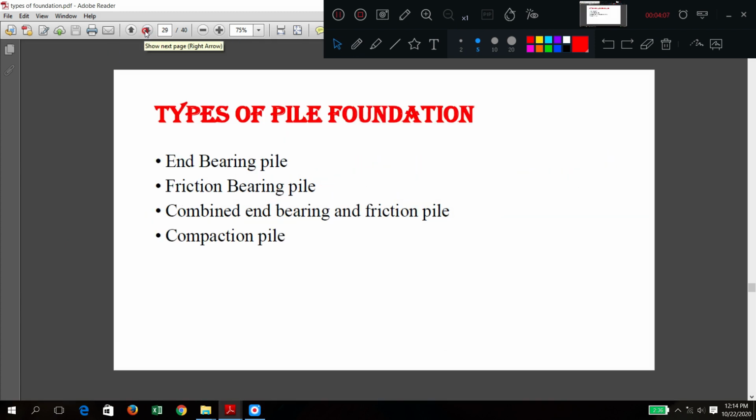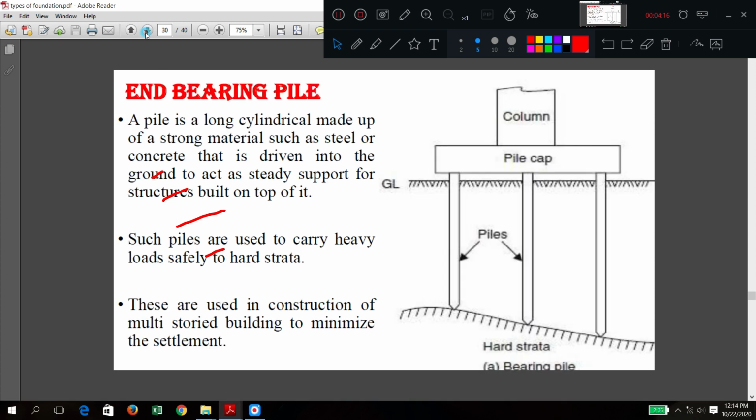Now in pile foundation also we have end bearing, friction bearing, combined. So like this there are multiple bearing types. End bearing I can explain in one word. Whatever load is coming is transferred first to the pile cap. From the pile cap, to individual piles, and the only load transfer between this structure and soil is at the bottom.